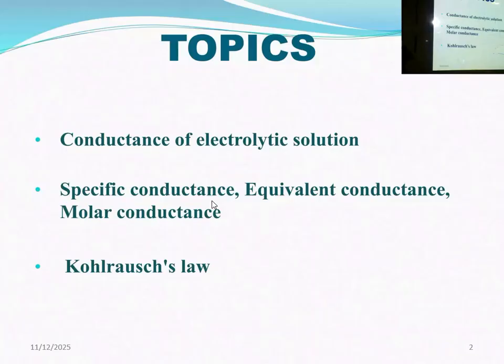When you dilute more and more and more, something like this will happen. Conductance versus root C. If you plot, you get a plot like this. So you can interpolate. You cannot directly touch, but you can interpolate.